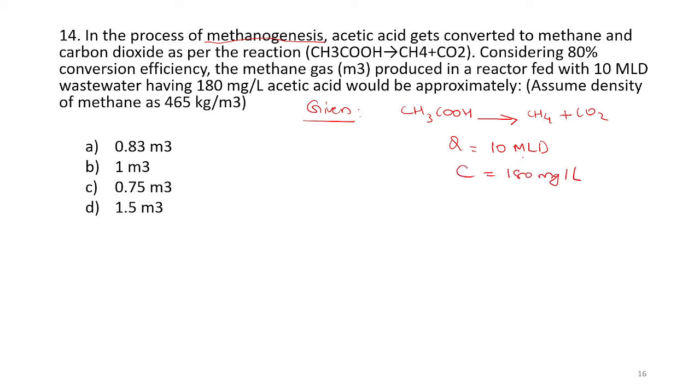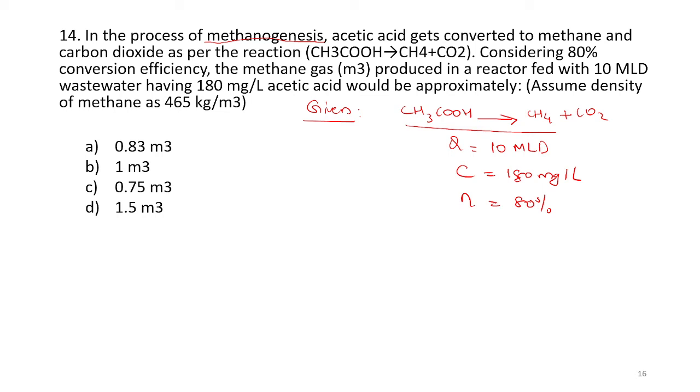with concentration 180 milligram per liter. So for every 1 liter of wastewater, 180 milligram of acetic acid is there, and it is also given that the efficiency of methane conversion is 80%. You have to find out the amount of methane gas produced in meter cube.